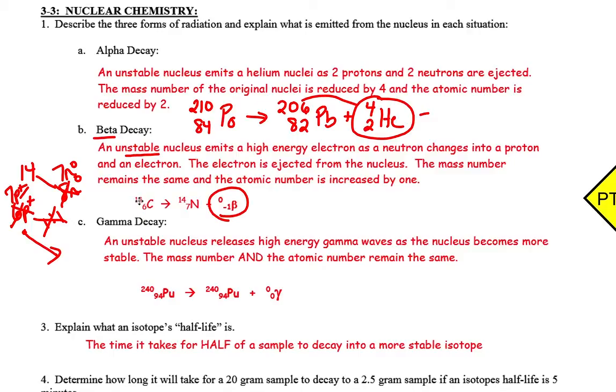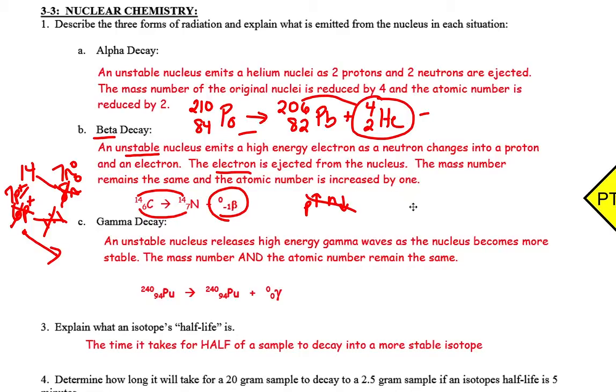So the atomic number goes up by 1, because we have 1 more proton now. The mass number stays the same, because the number of protons goes up, but the neutrons go down. So overall, it's a wash. So 14 stays 14, and out pops this high energy electron, this little itty bitty guy that moves faster and farther than the big alpha particle, and it can penetrate a little bit further.